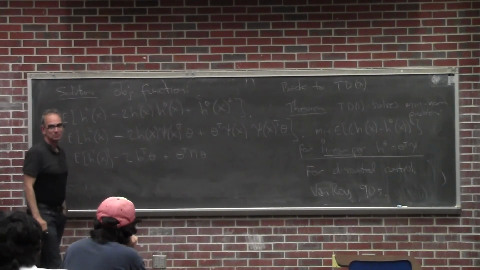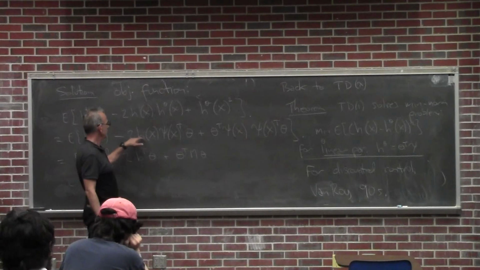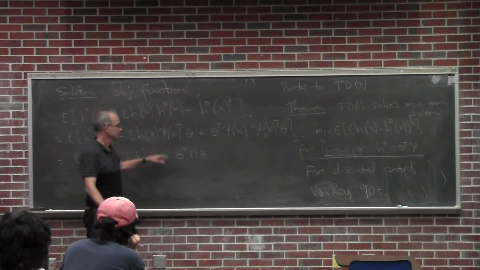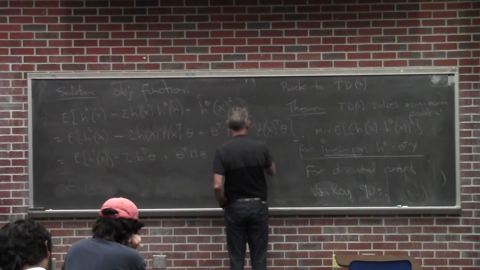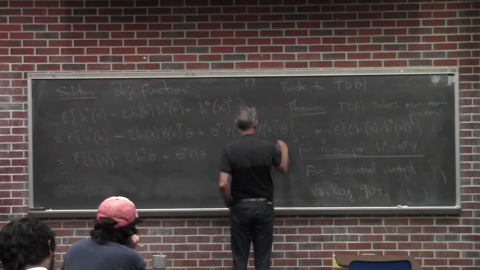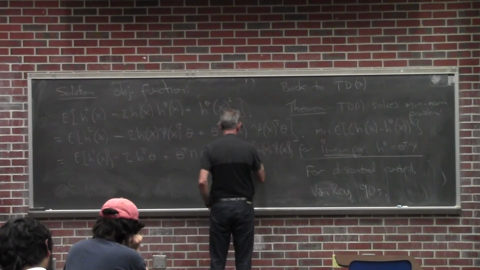There we have it. So B is equal to the expectation of h times psi. And we know what M is, so I'll write it down.